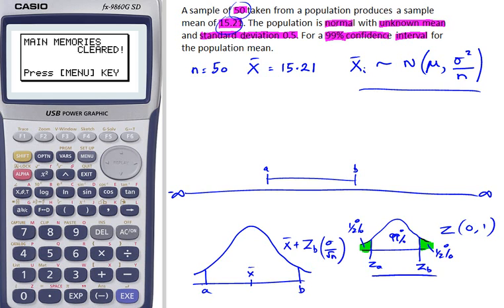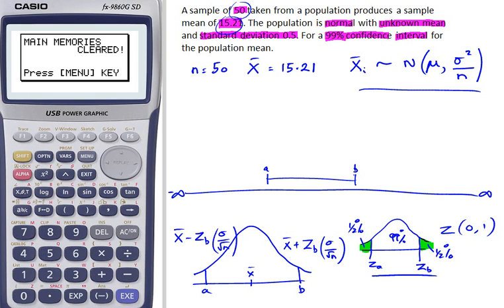Of course, at this end, it will be x bar subtract the ZB value times this. And of course, those two values there will provide us with our confidence interval.